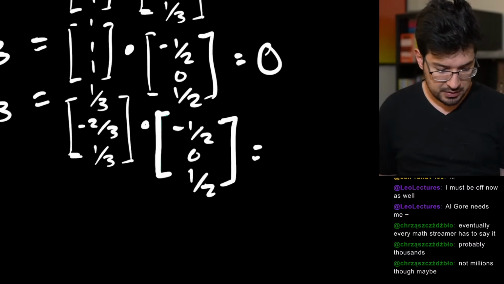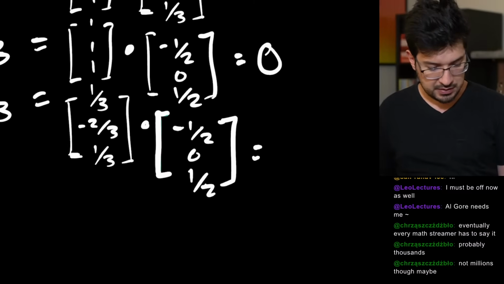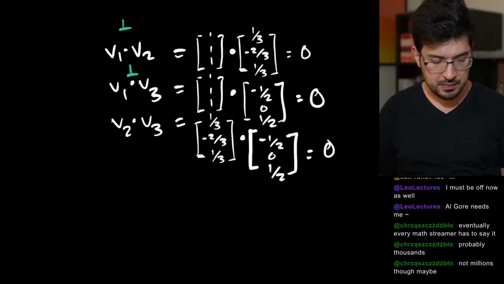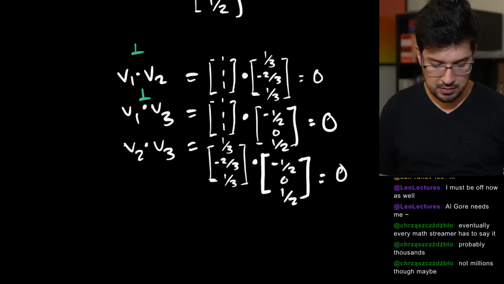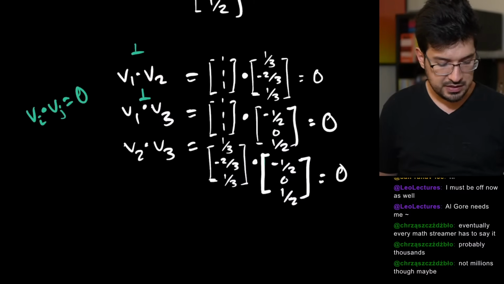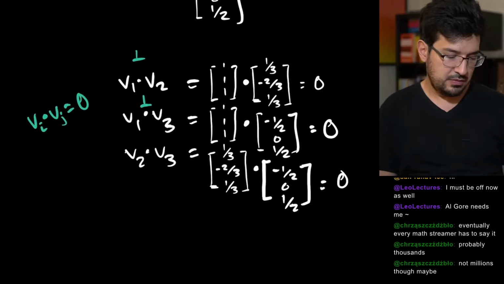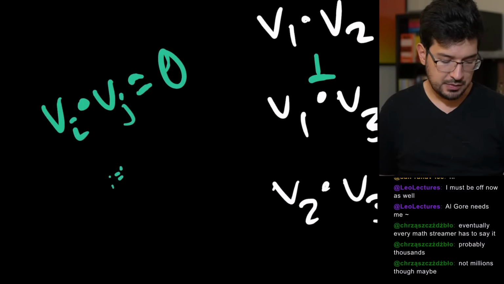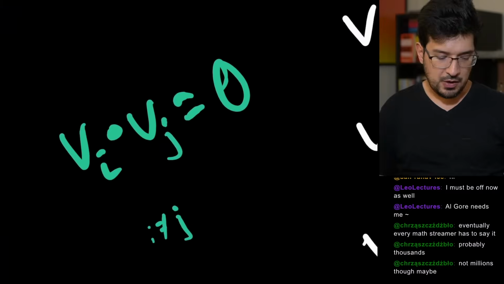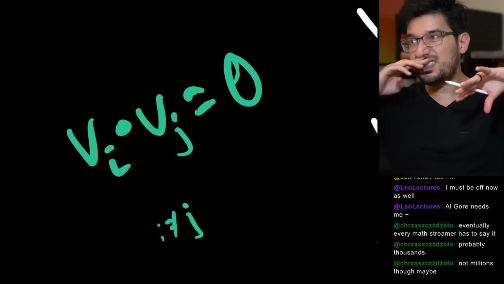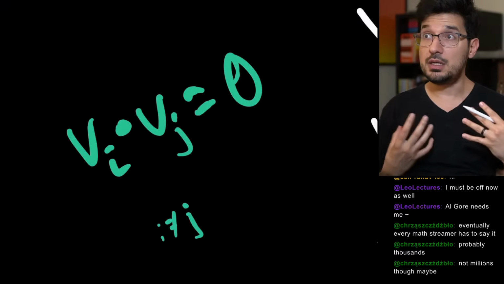So this is negative 1/6 plus 1/6, and that is 0. So now vi dot vj equals 0 for all i not equal to j. For any two distinct vectors in this set, they are orthogonal.